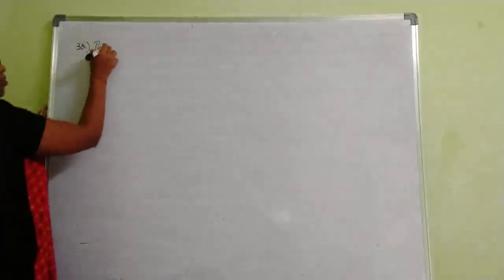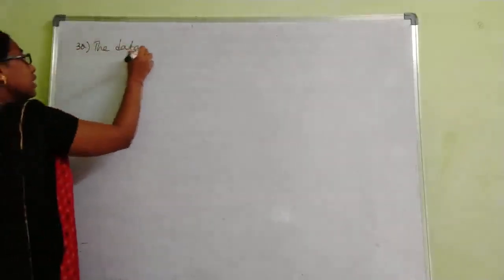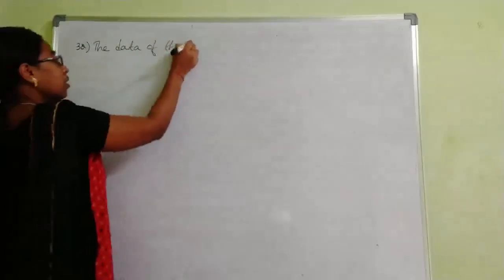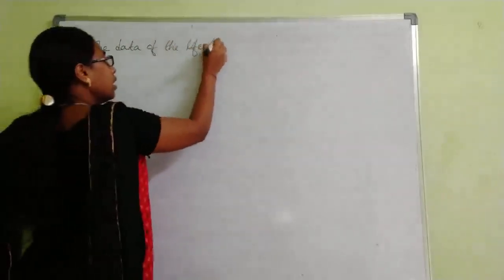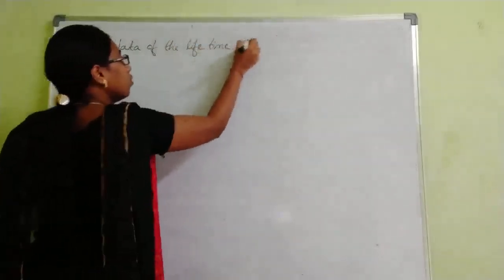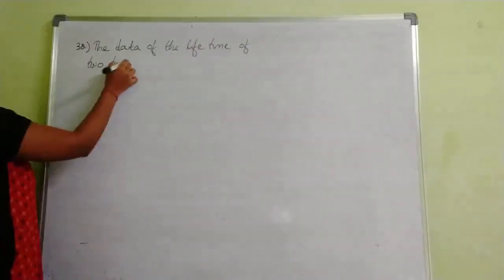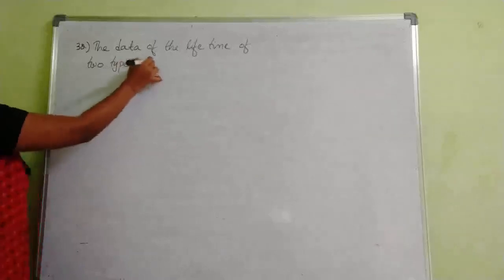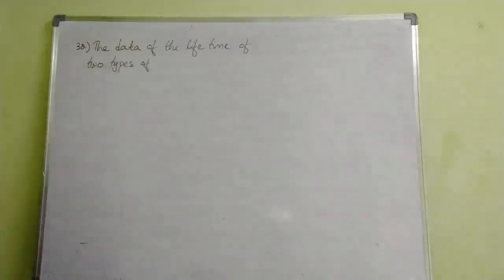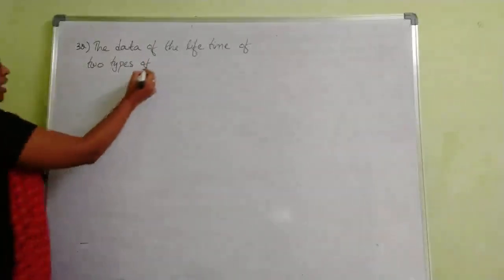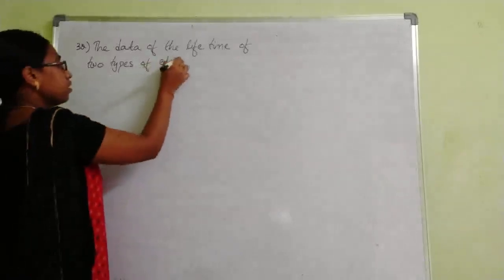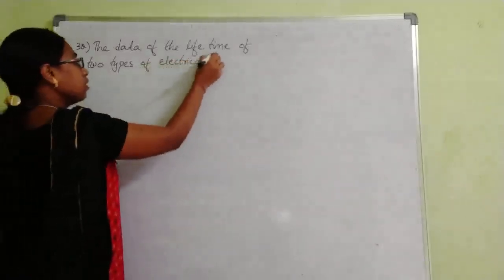The third question: the data of the lifetime of two types of electrical bulbs is given.